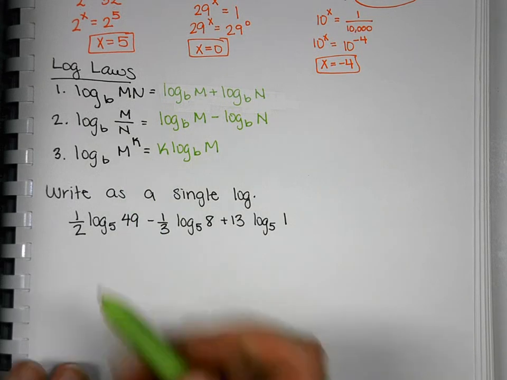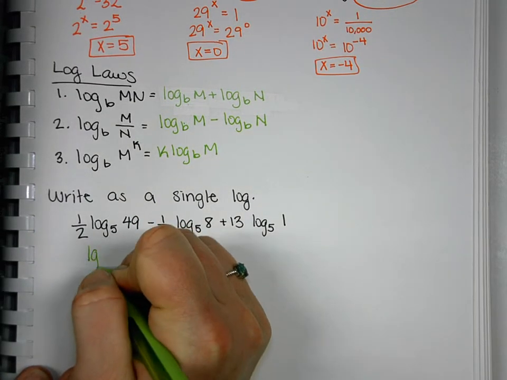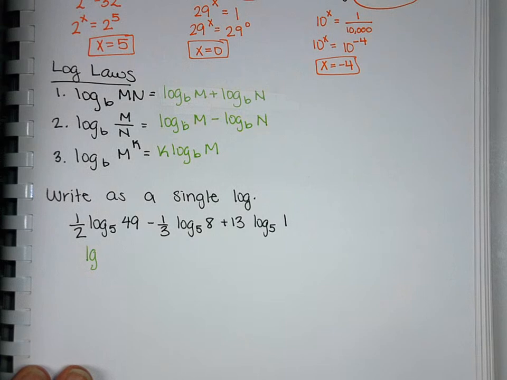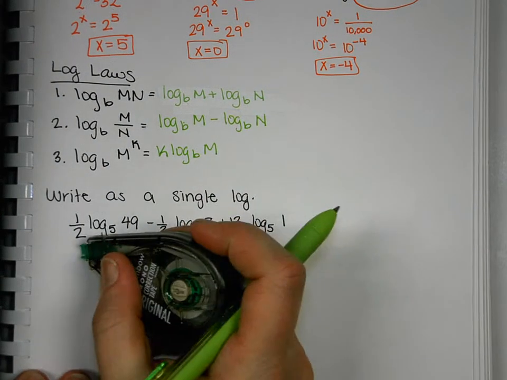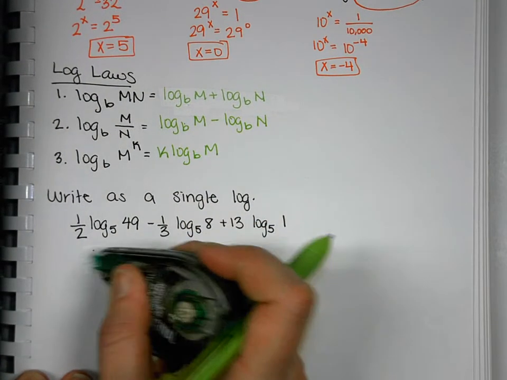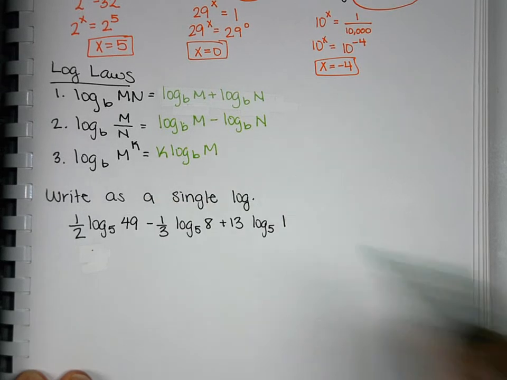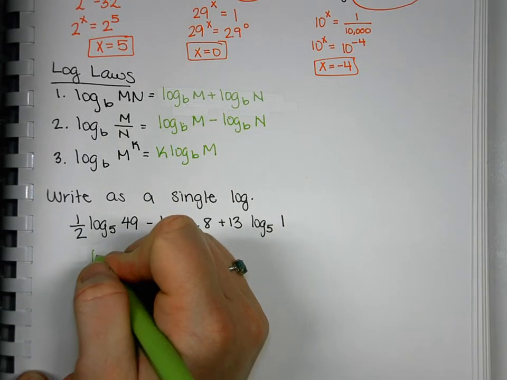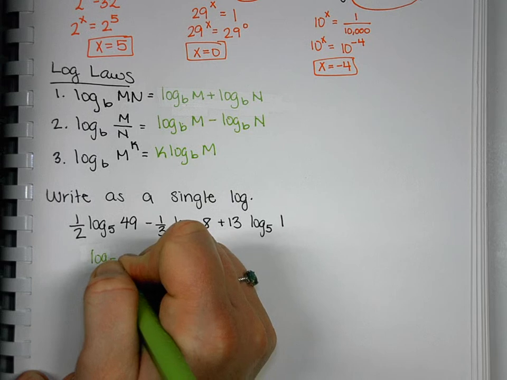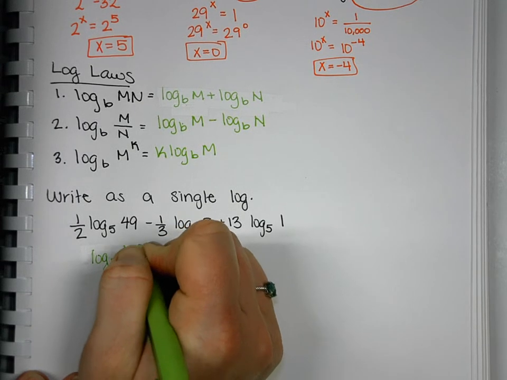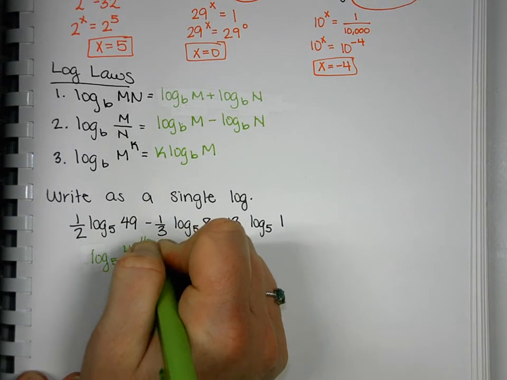So I can rewrite log base 5 of 49 to the 1/2 power.